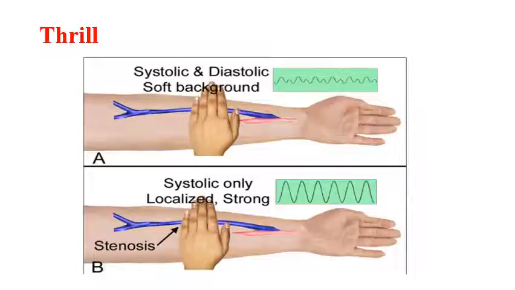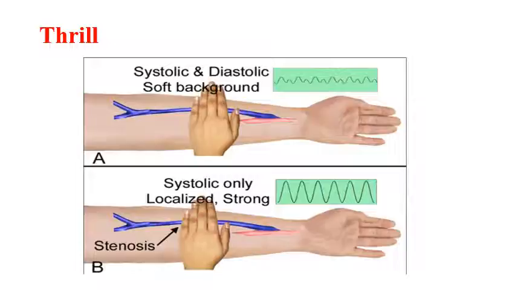When you put the palmar surface of the hand over the vein or over the fistula, you can feel this vibration, systolic and diastolic. If you feel it only systolic and strong and localized, this means that there is a stenosis over the vein.